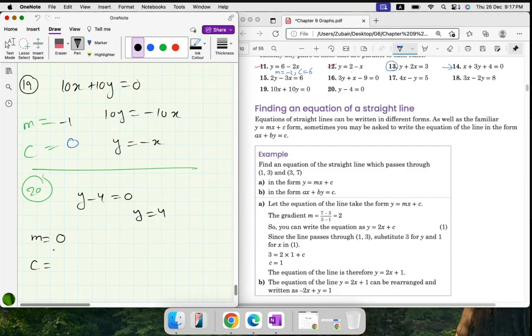Gradient is 0. No. See, y equals mx plus c. There's no x term. So gradient is 0 and y-intercept is 4.